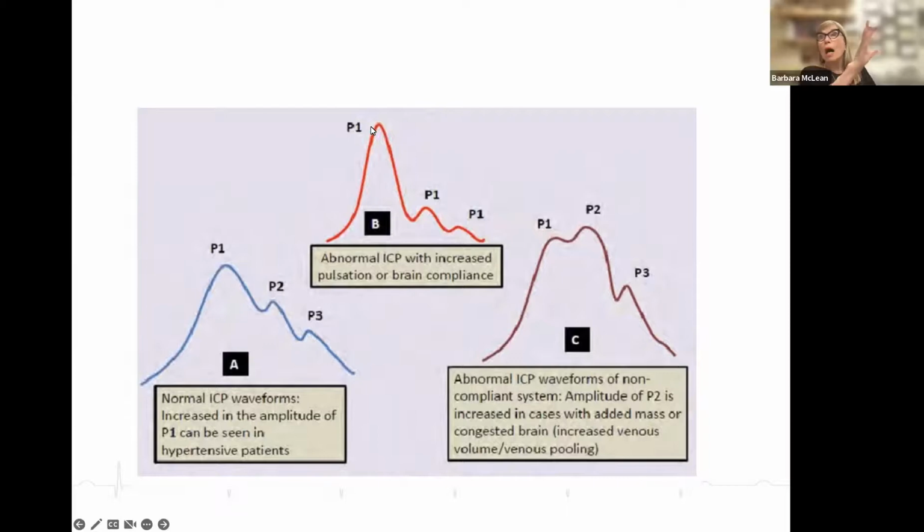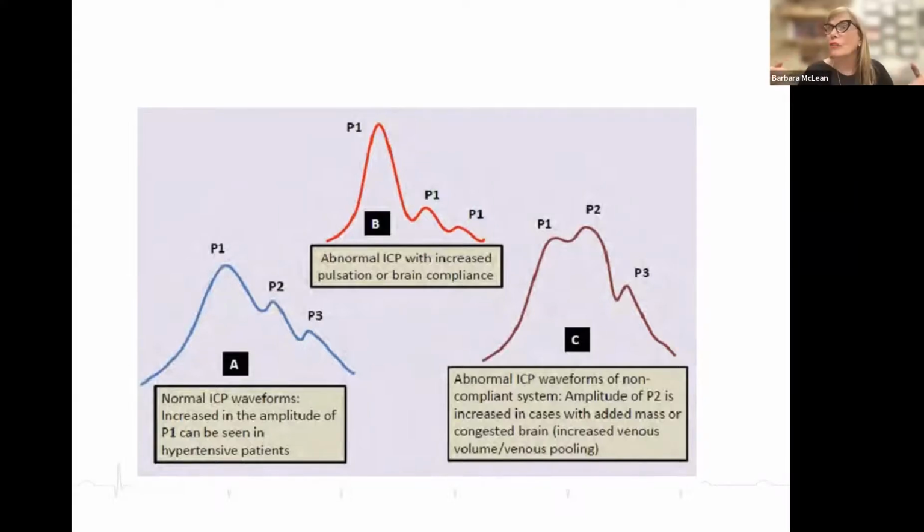So your monitor is not going to call that the ICP, but you as the bedside nurse are looking at the waveform. You're saying, hey, P1 is 28. The average between P1 and the trough, which is like 8. So 28 plus 8, 36 divided in half, that's about 18.